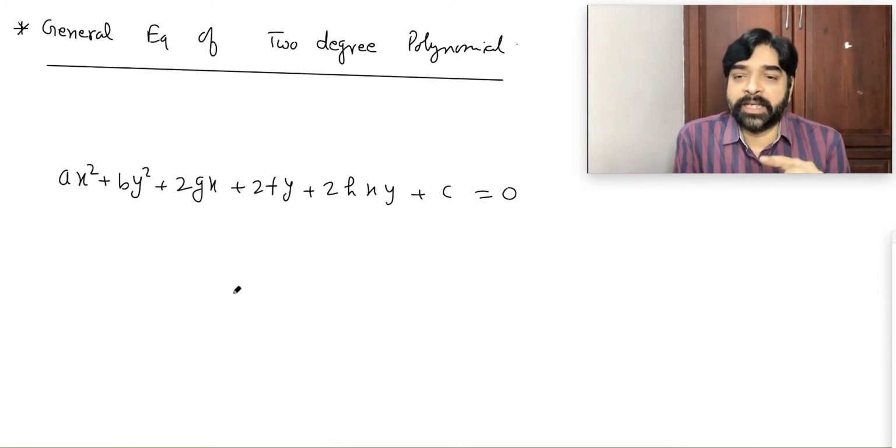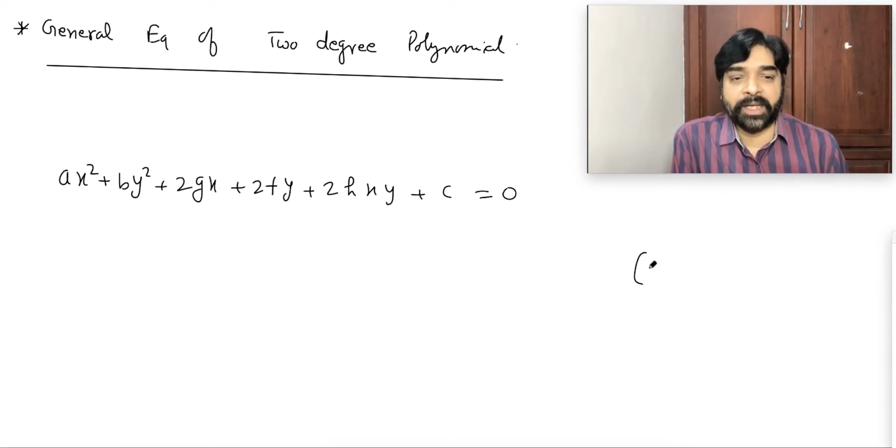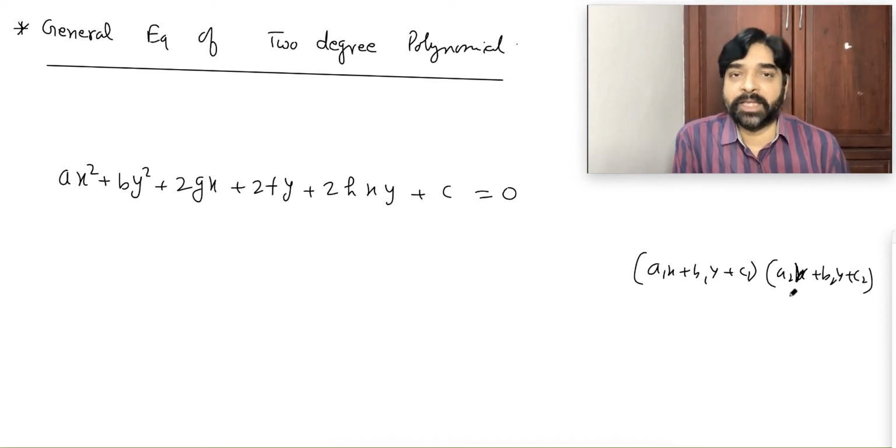You can easily understand it's a product of two linear equations. One is something like a1x plus b1y plus c1 and the other a2x plus b2y plus c2. If you multiply these two linear equations, you will get something like this, yes or no?